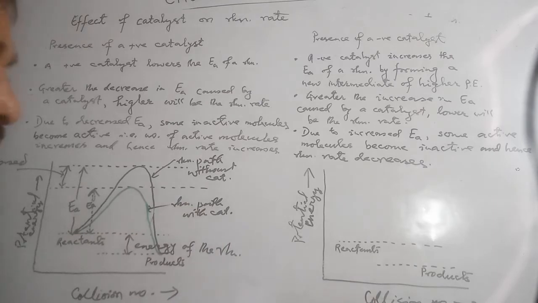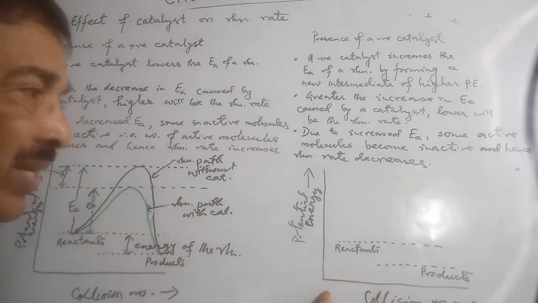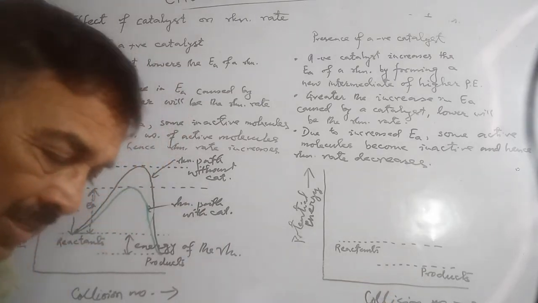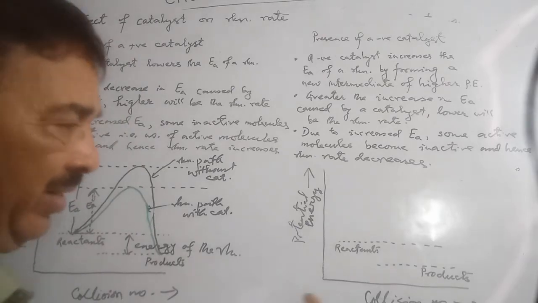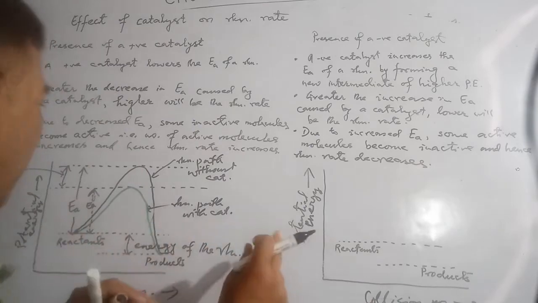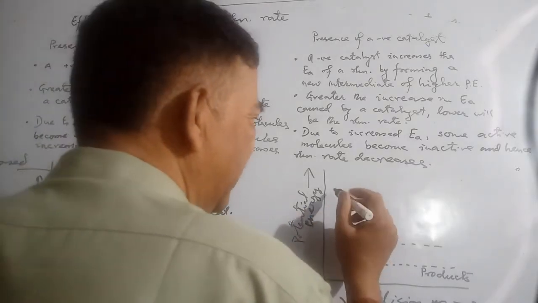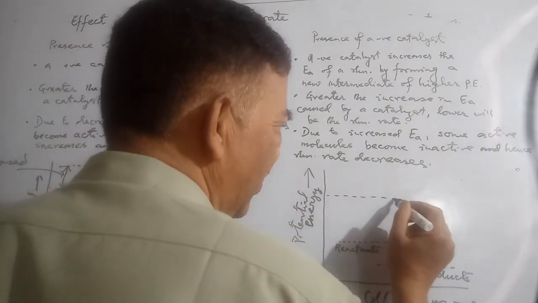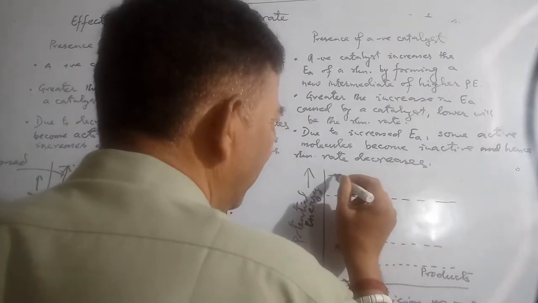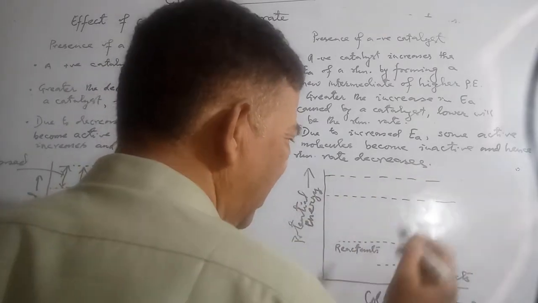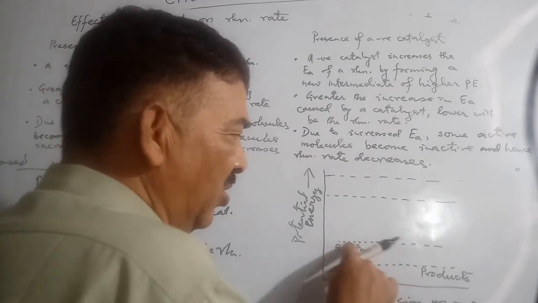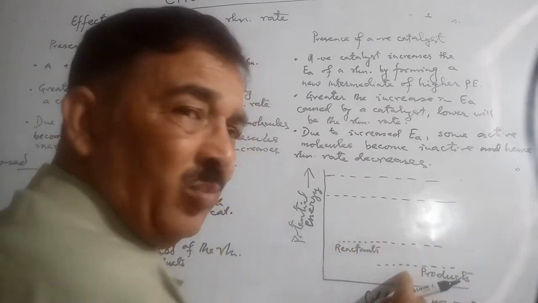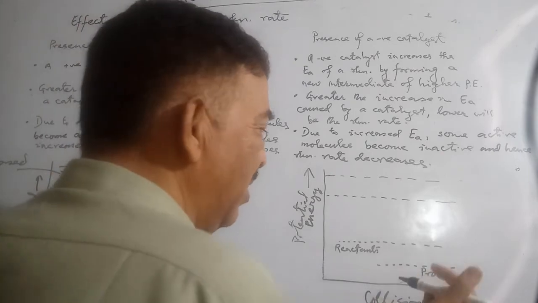Now let's go to the presence of a negative catalyst, and how it decreases the reaction rate. The same thing is there, but here, this is the potential energy of the reactants, this is the potential energy of the products.